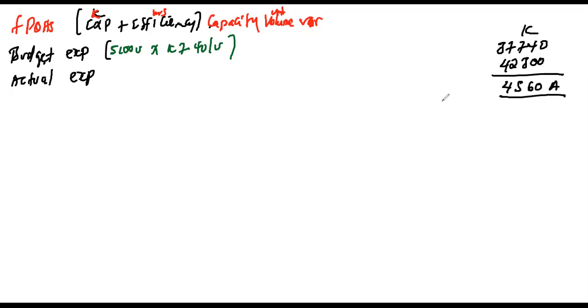Now, what could have caused this expenditure variance to be adverse? It is the same thing which can cause the variable overhead expenditure variance to be adverse. Remember what we said? Number one, an adverse expenditure variance could be caused by an increase in the cost of services used.